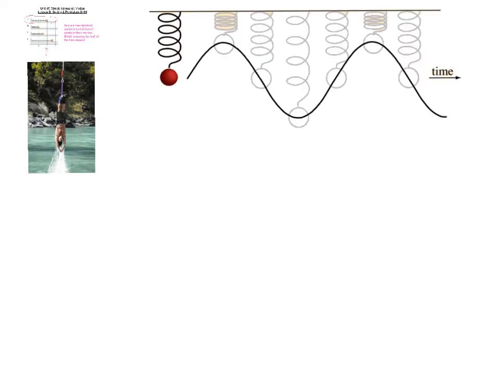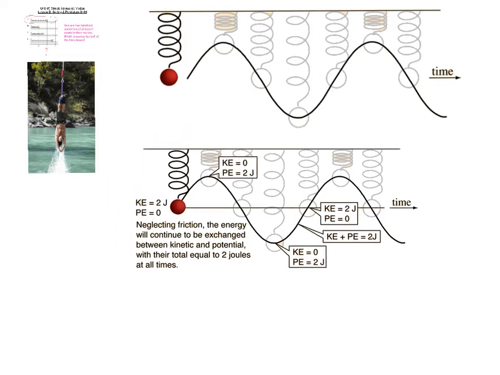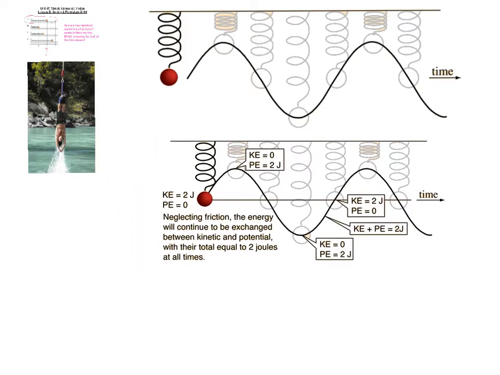This interplay between kinetic energy and potential energy is important to understanding simple harmonic motion. So here we see a vertical oscillator bouncing up and down, much like our bungee jumper. If we were to throw energy into this, and say we begin with 2 joules of energy, when that oscillator reaches the equilibrium position, all of that potential energy it began with is converted to kinetic energy.